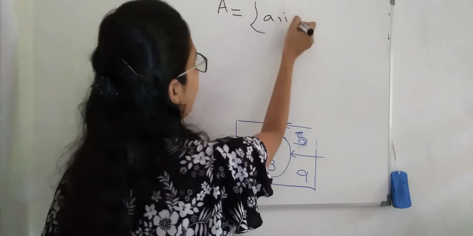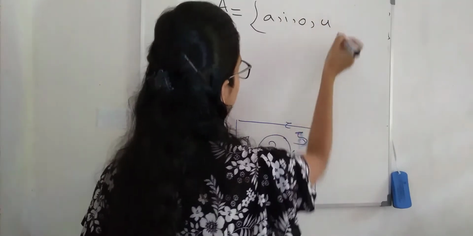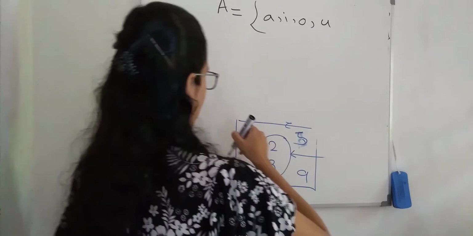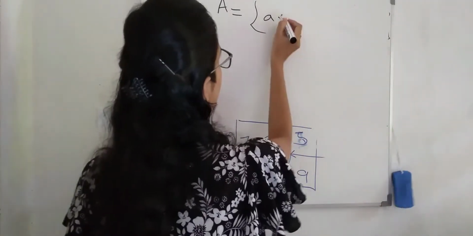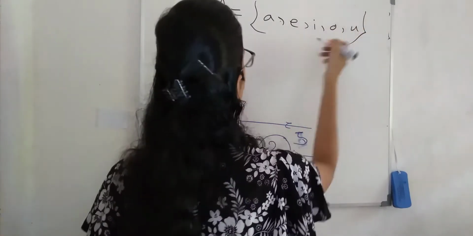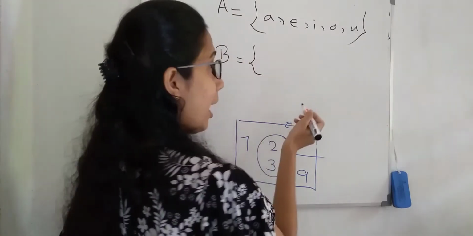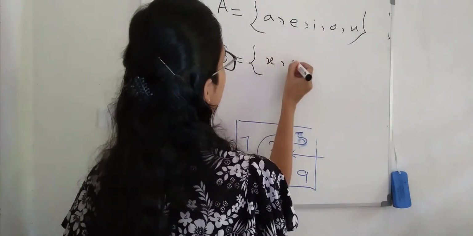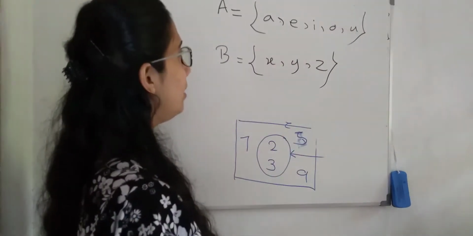A, E, I, O, and U. And the set B shows, think these three elements, X, Y, and Z. Can you see here?